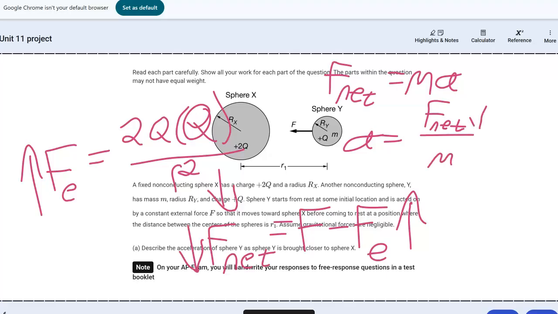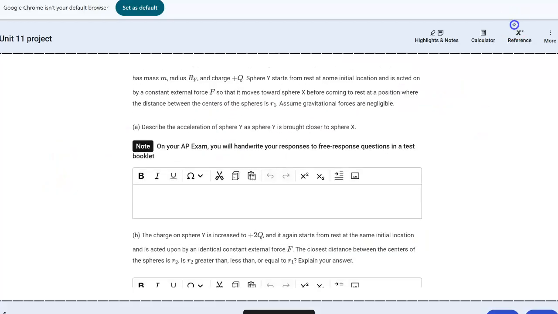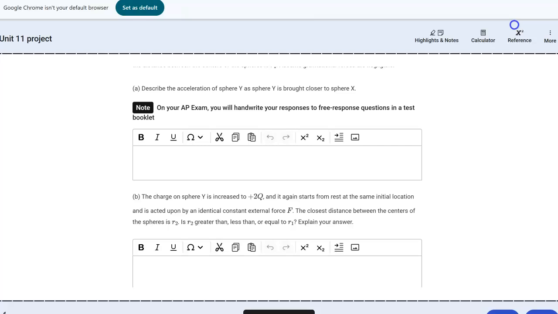And if our F net is going down, and that's in the numerator, our acceleration is going to go down. So the acceleration of sphere Y is going to decrease as it's brought closer to X. So our answer is decrease.